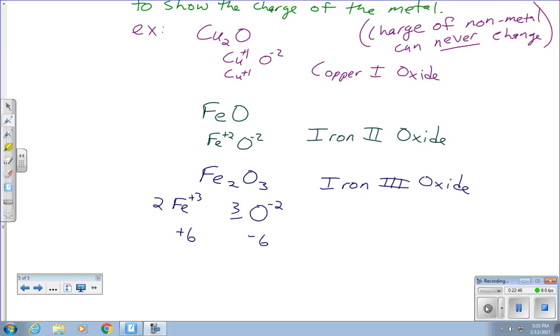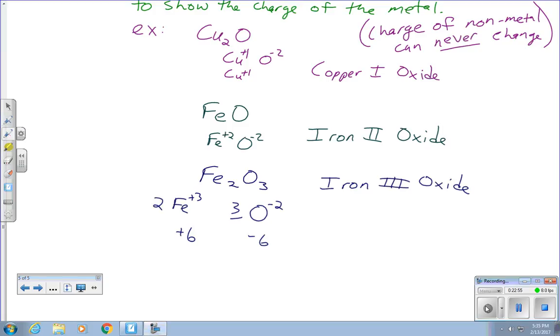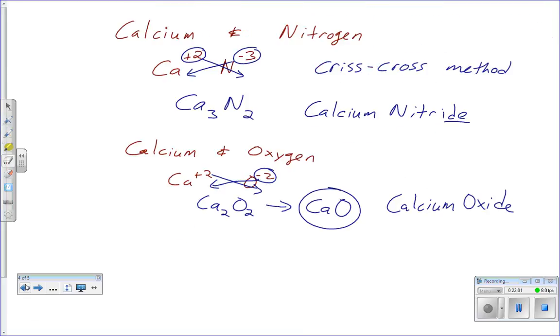Okay. I think I'll show you this real quick also. Another quick way of doing this is what I call reversing the crisscross. We talked about using the crisscross method back here to take the charges, crisscross them down behind the element symbols to figure out the subscripts.